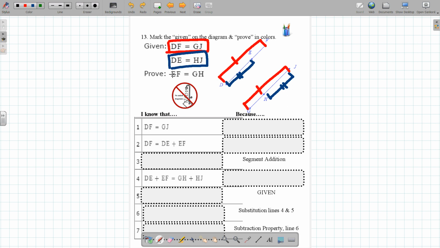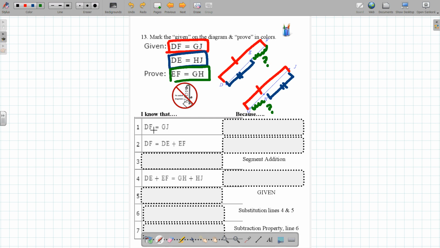We're trying to connect EF to GH. EF, GH, question mark. That's what you're going for, is how can you make those equal? And we see that the blue plus the green equals the red.